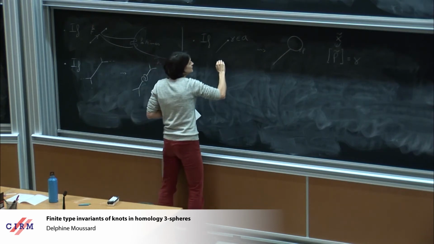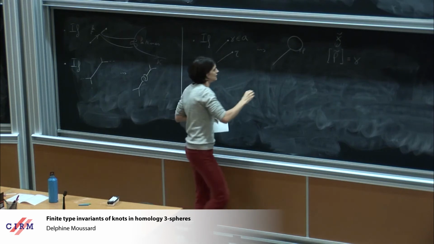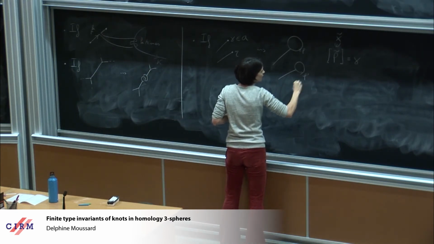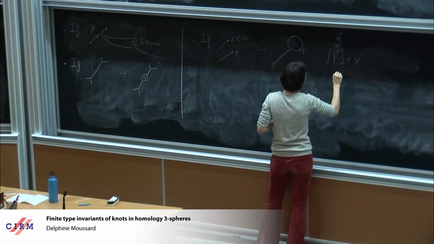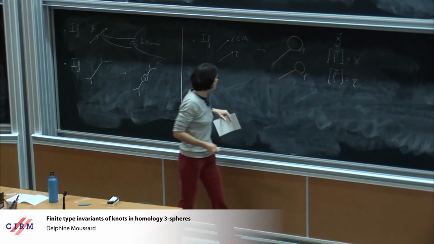And then if you have a second vertex with some label, for instance eta, you also glue a loop there, such that a lift has the homology class eta.